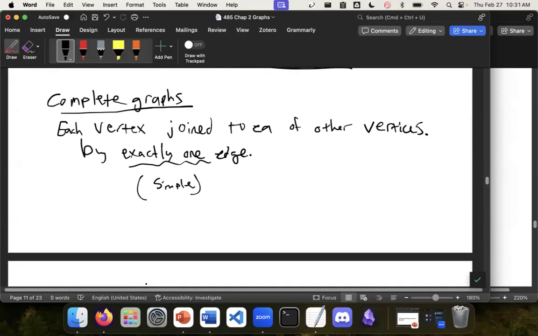So each vertex is going to be joined to each of the other vertices. That's a complete graph. And the way we express that is, the complete graph on n vertices is written capital K and then subscript n. So n is the number of vertices, and K means complete.